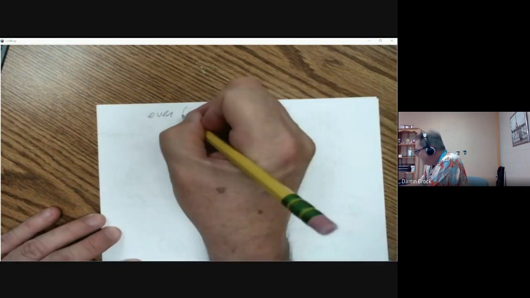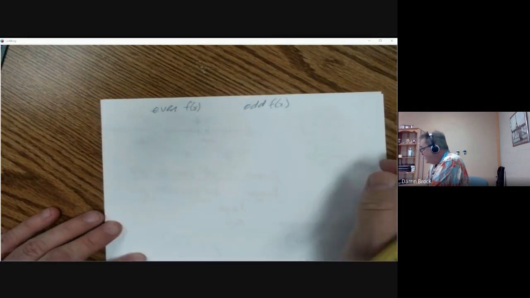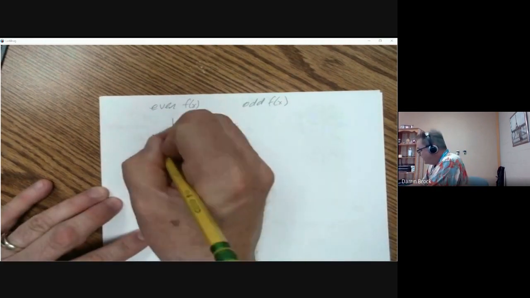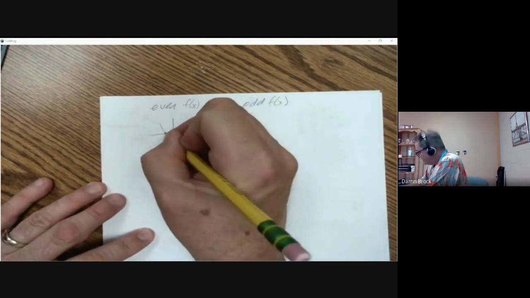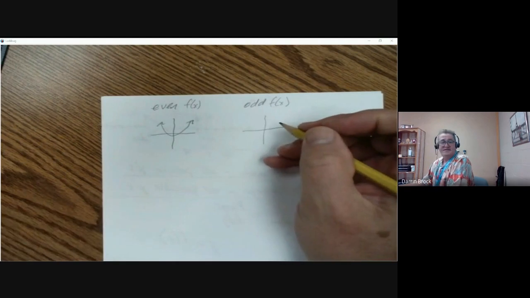All right, so an even function, odd function. And it talks about testing those and how you know if something is even or odd. If you graph them, an even function looks like this. An odd function, right? And it does have these in the lesson.